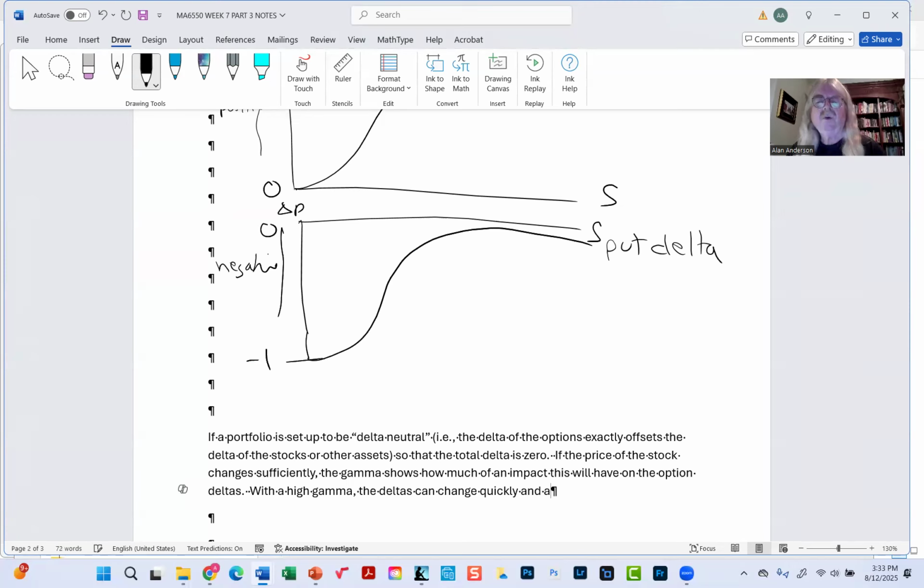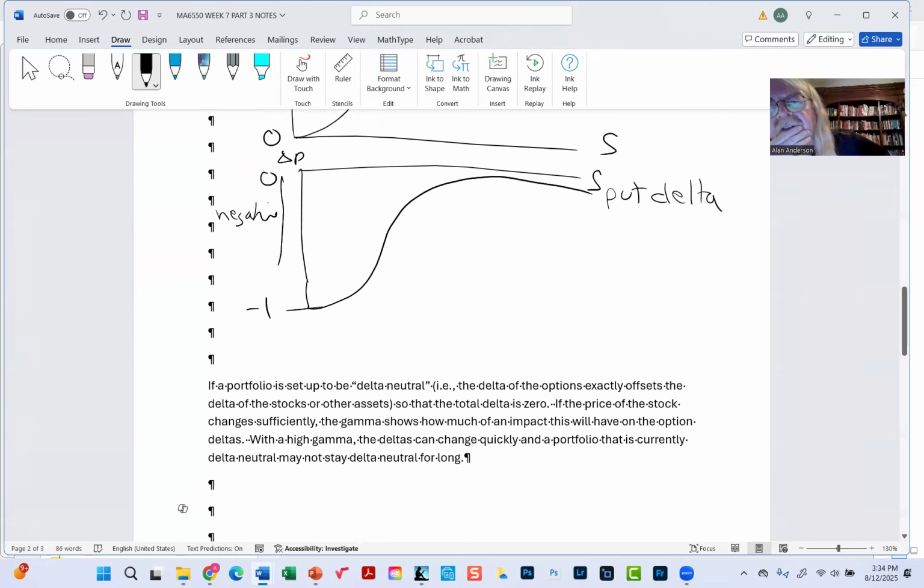And a portfolio that is currently delta neutral may not stay that way for long. So you may find yourself in a position where you have to be constantly rebalancing your portfolio to make sure that it stays delta neutral. Now, delta neutral is designed to make it risk-free.